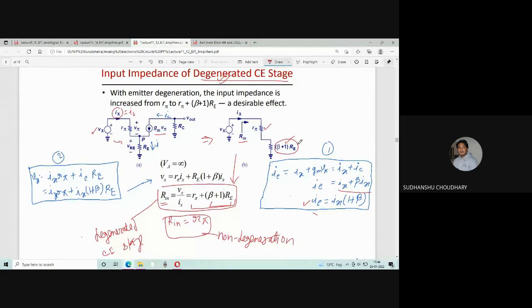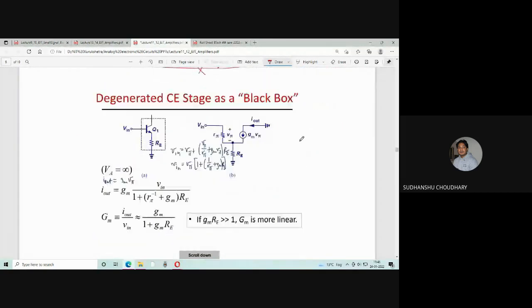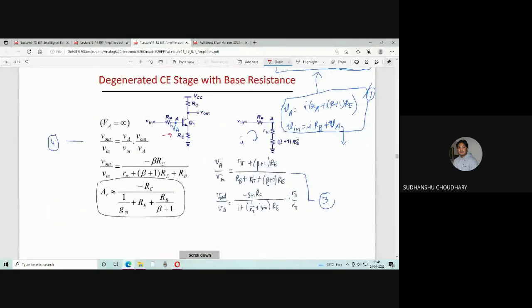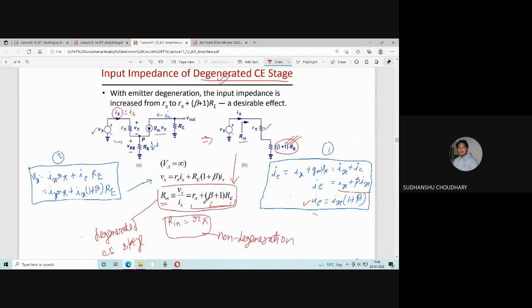So this beta plus 1 Re has to be remembered. Now let us bring the same beta plus 1 Re into this circuit, that is we transform this portion base to emitter. Because we know that input impedance has now the contribution from R pi in series with beta plus 1 Re, from the previous circuit. That is from here R pi plus beta plus 1 Re.